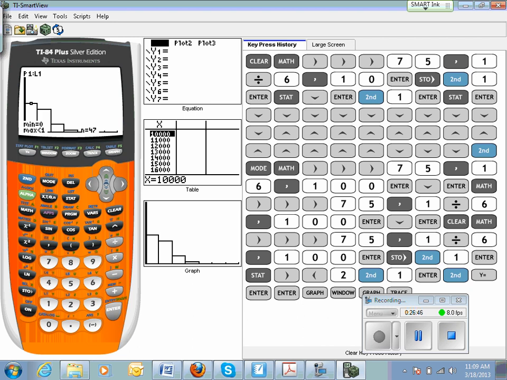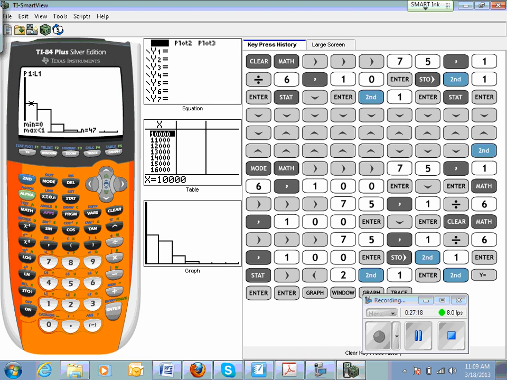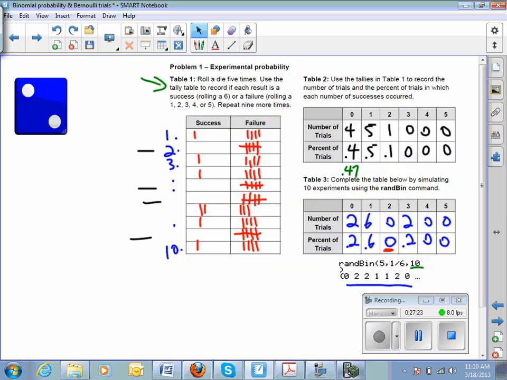Trace it. So I've got 47 zeros in there, and 37 ones.